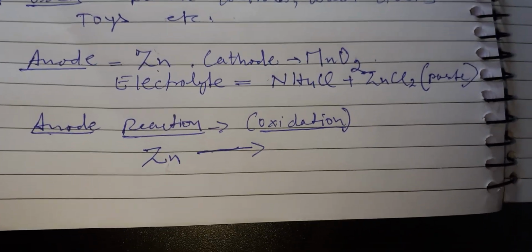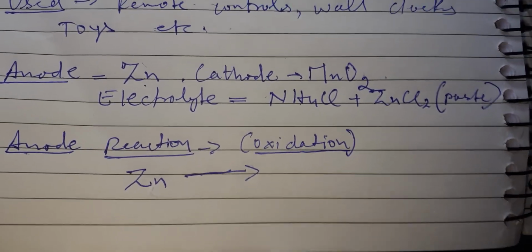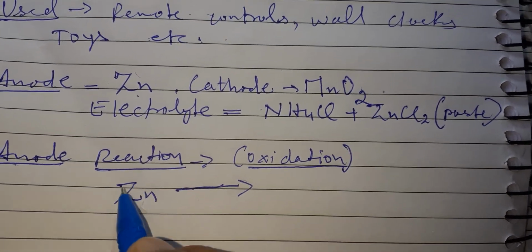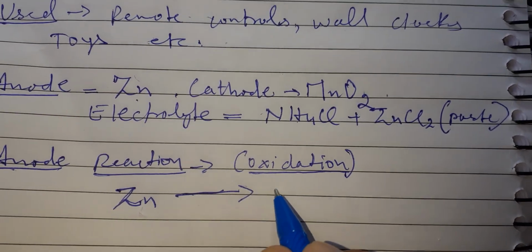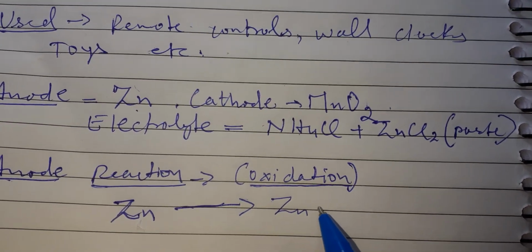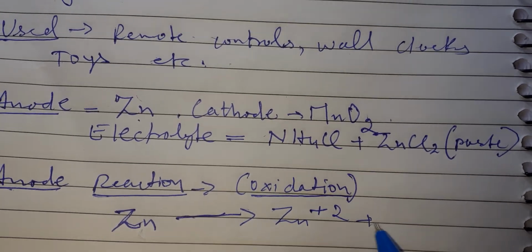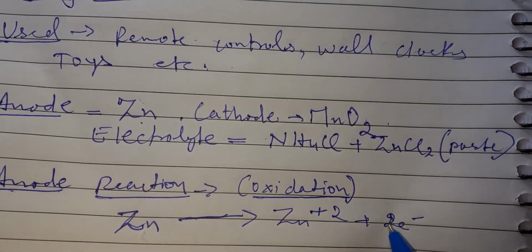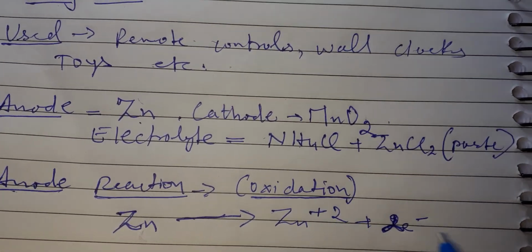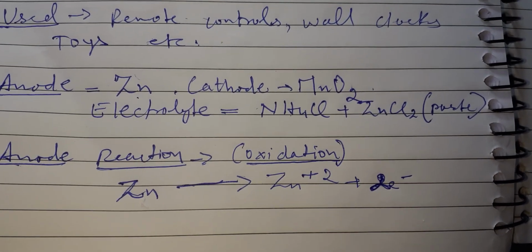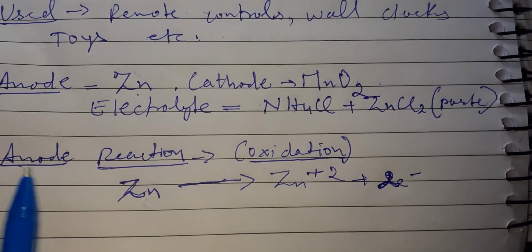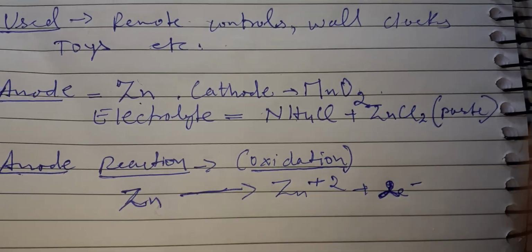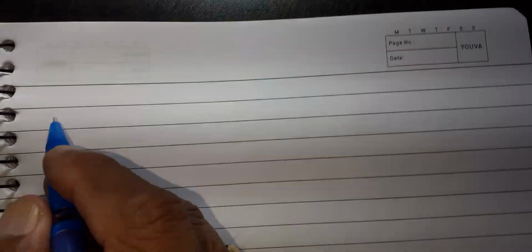The electrode on which oxidation takes place is known as anode. And in these cells, what happens at anode? Zinc is oxidized into zinc plus 2 ion by losing 2 electrons. So this is how electrons are generated from the anode side. So at anode, oxidation of zinc takes place. Then comes cathode reaction.